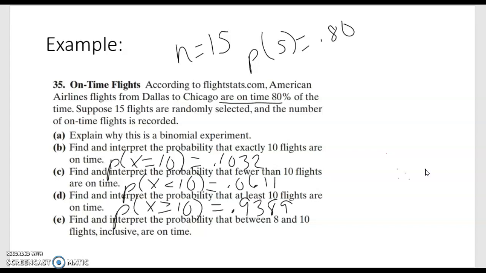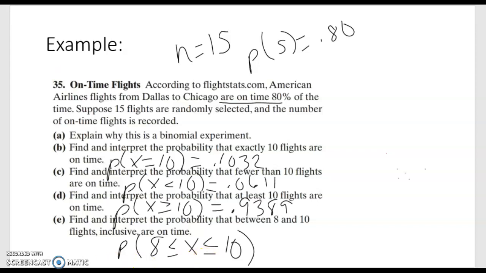And then E is asking us the probability that between 8 and 10 inclusive. Inclusive means we're going to include those endpoints. So our inequality will look like this.